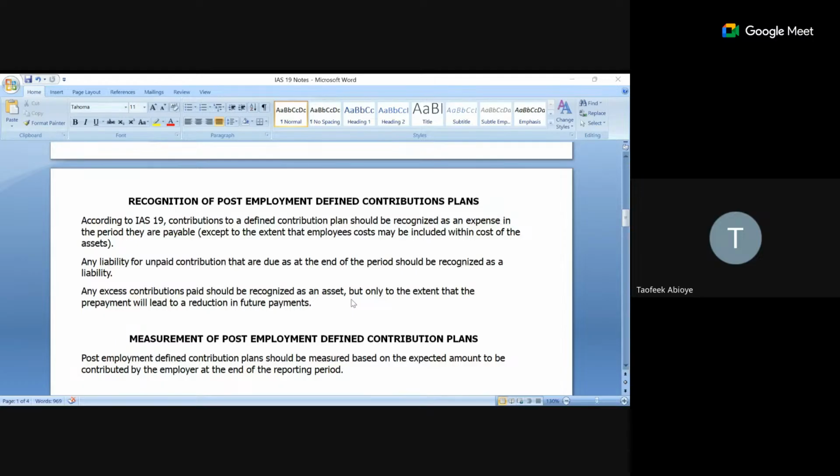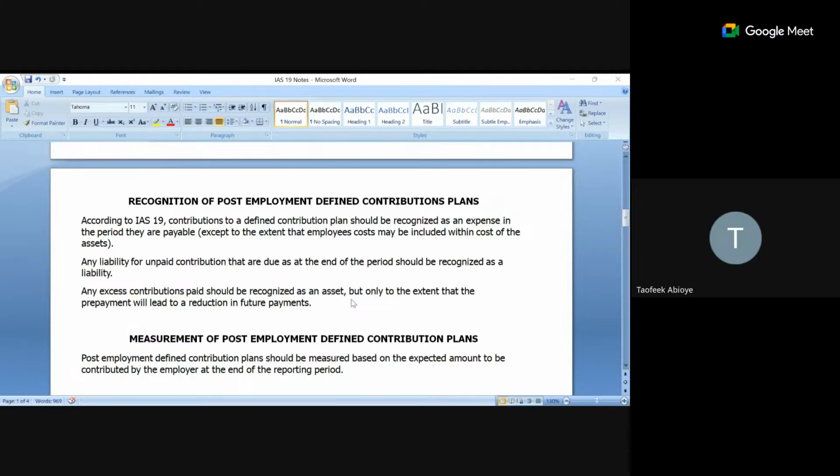Sometimes the entity can pay less, so they are going to account for a liability. That means any unpaid contribution that is due at the end of the period should be recognized as a liability. Then any excess contribution.